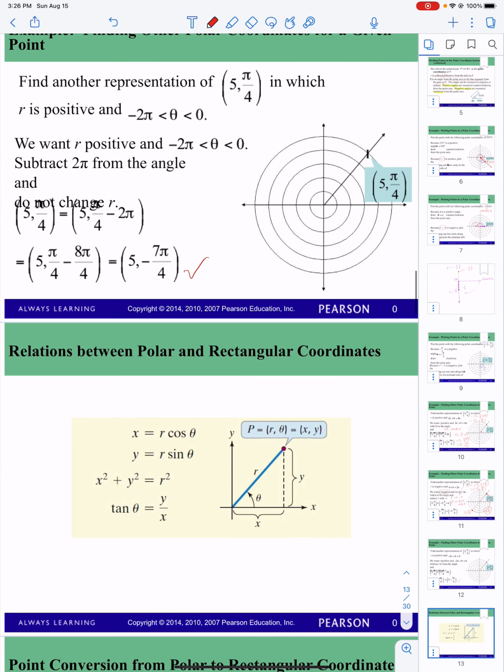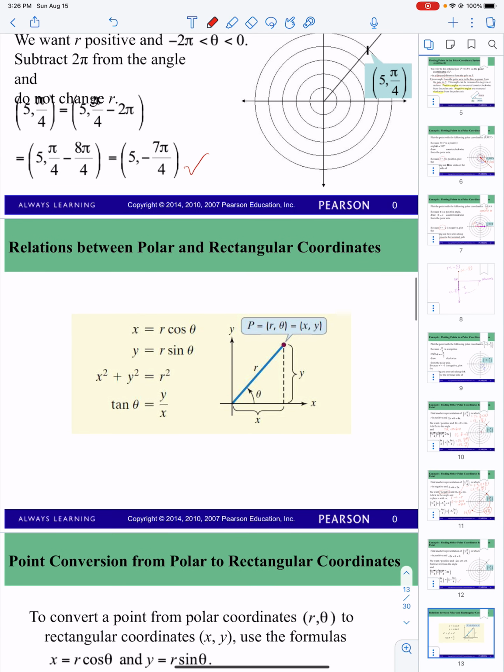This one is gone. Okay, so now we wanted to think about polar coordinates with rectangular coordinates. So polar coordinate is r, theta. So theta is this. R is the directed segment from the pole to the point, yeah?